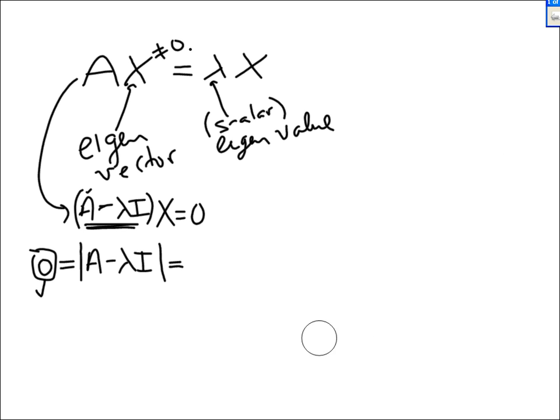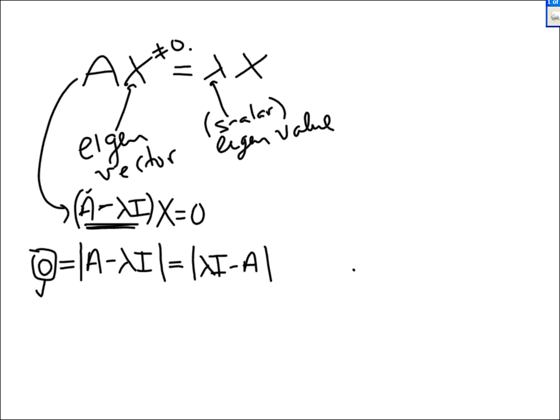It is best for calculating the determinant to, instead of computing the determinant of A minus lambda I, do lambda I minus A. Okay, so defined.